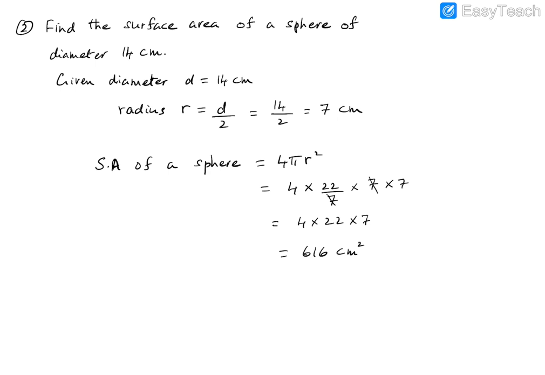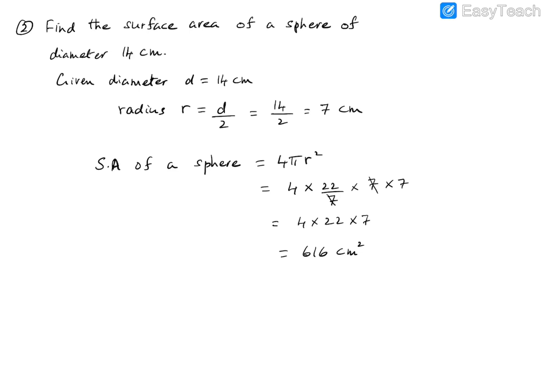So the surface area of the sphere whose diameter is 14 centimeters, in other words whose radius is therefore 7 centimeters, from the formula we get the value of the surface area as 616 centimeters square. Again, this question is also fairly straightforward.